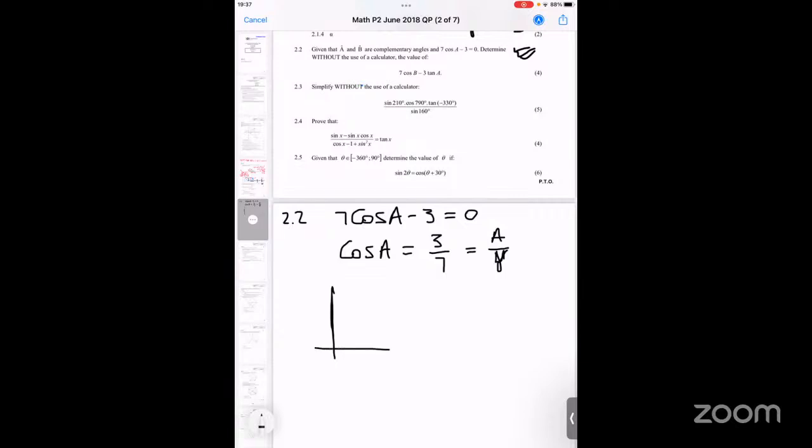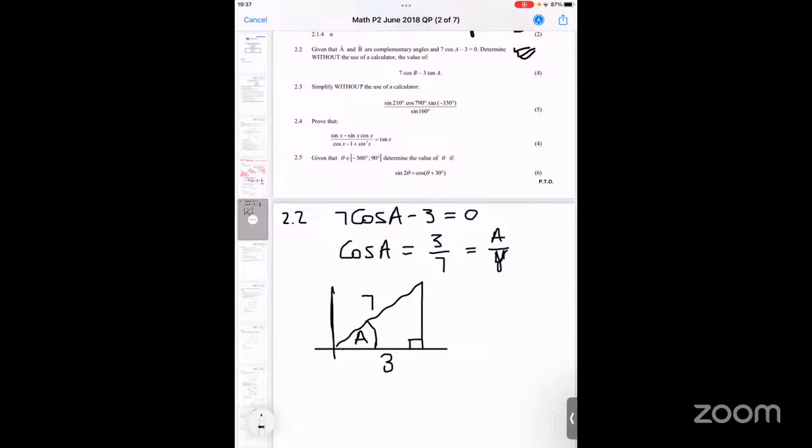If we had our right angle triangle, we have our r being 7, and then we have our adjacent being 3, and that being our angle A.